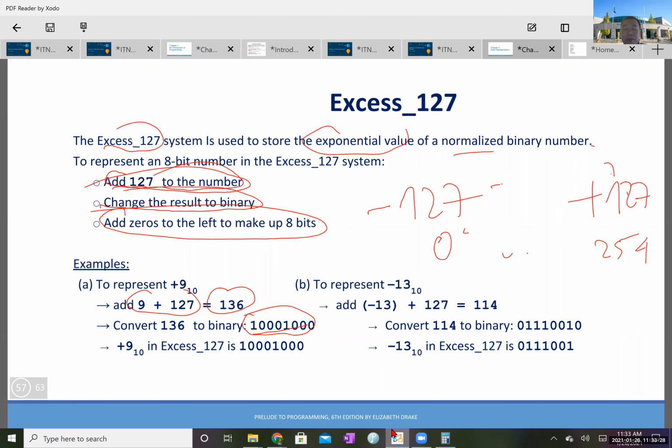Sorry. So if you want to represent the -13 here, you just add it to the 137, you have the 114 here, and you convert it to binary, you have this number here.